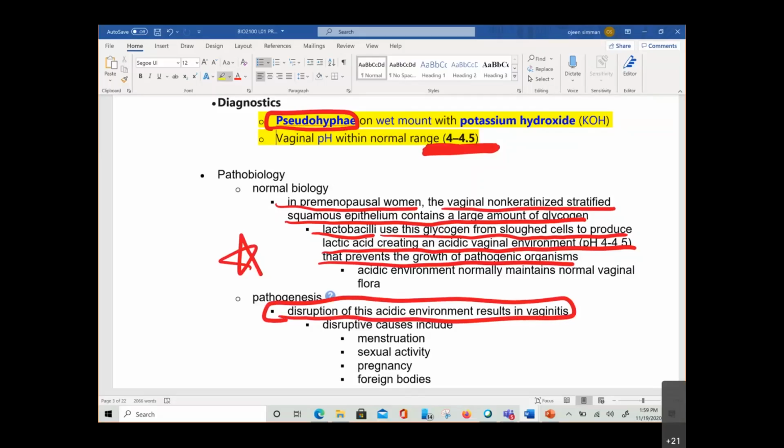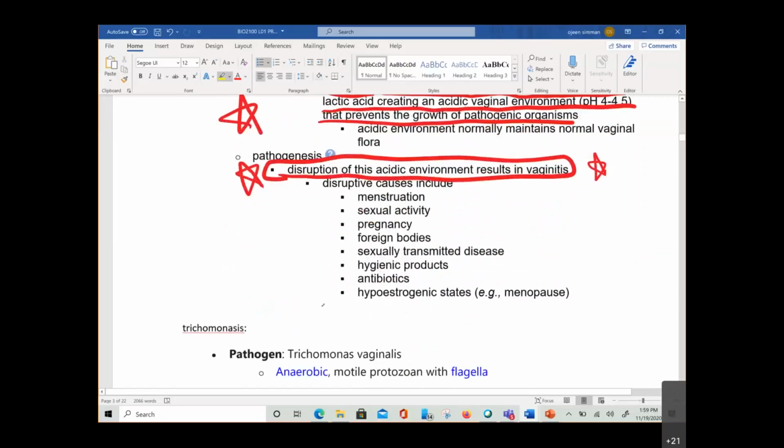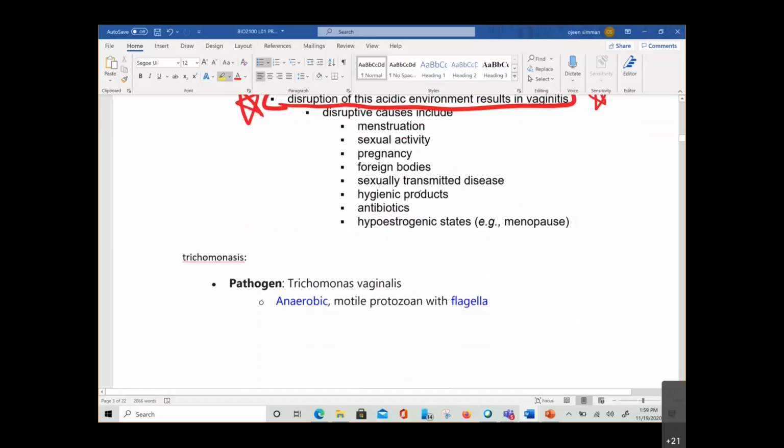This is the underlying pathophysiology of vaginitis. What kind of things can disrupt this acidic environment? Menstruation, sexual activity, pregnancy, foreign bodies, antibiotics, hygiene products, could be a lot.